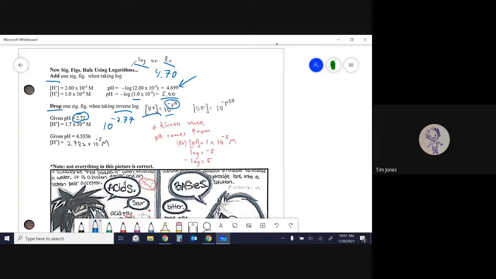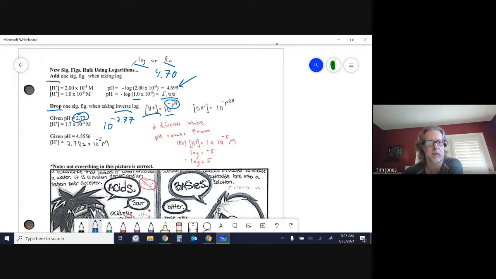And when you do this, depending on your calculator, you'll either hit second log or something like that. You can refer to this as an inverse log, or you can refer to it the way I have mathematically as the number 10 raised to the negative pH. And you end up getting 1.7 times 10 to the negative 3 molarity. And I took one sig fig away, which is why I went from 3 sig figs to 2.